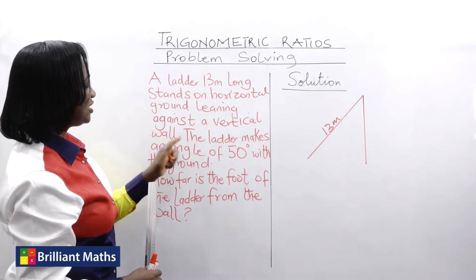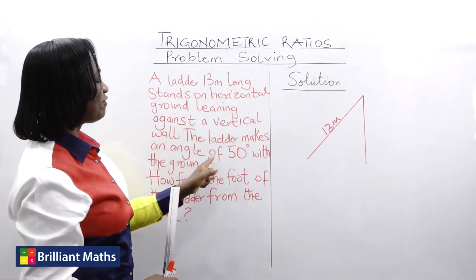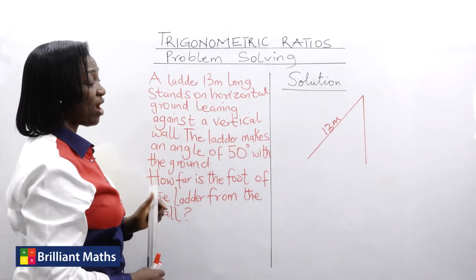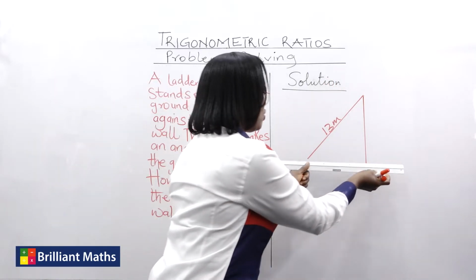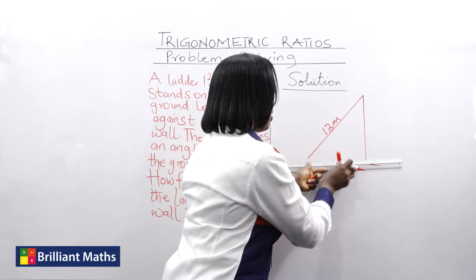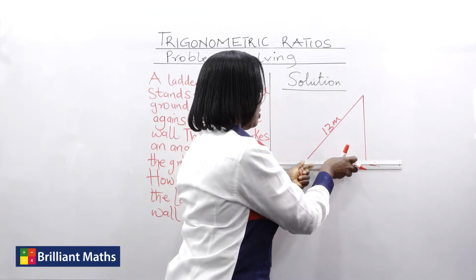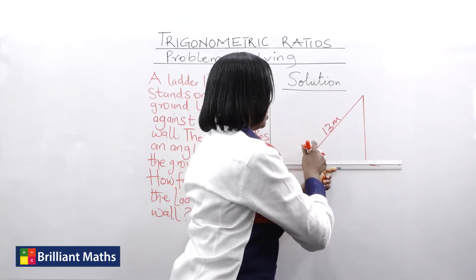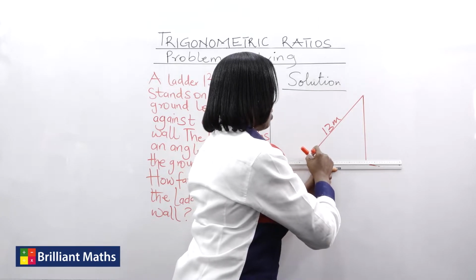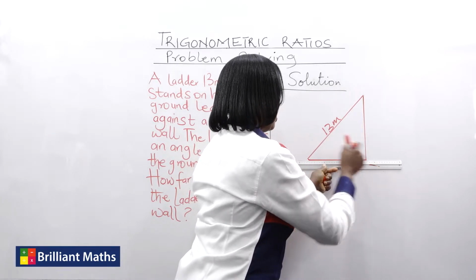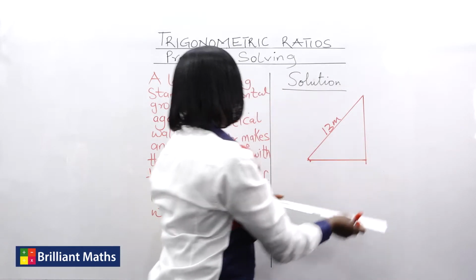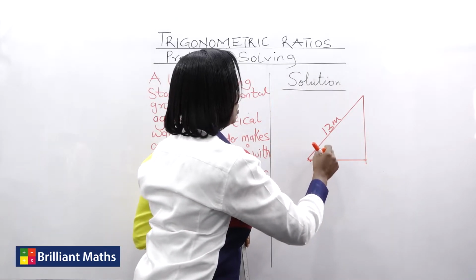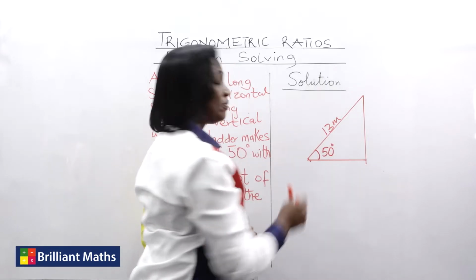Then it says the ladder makes an angle of 50 degrees with the ground. So that's the ladder. The angle it makes with the ground will be on the floor here. So that's the ground. And the ladder makes an angle of 50 degrees with the ground.